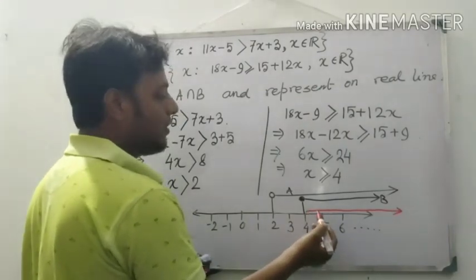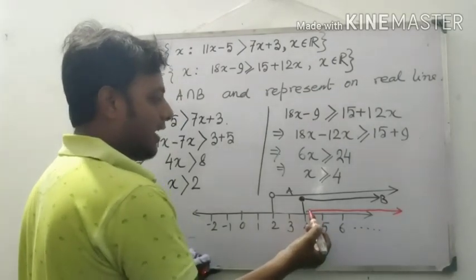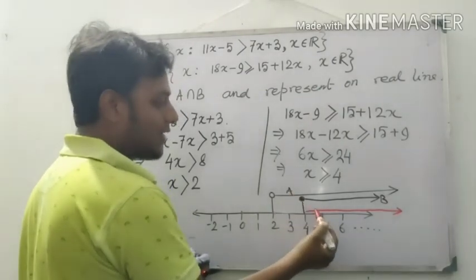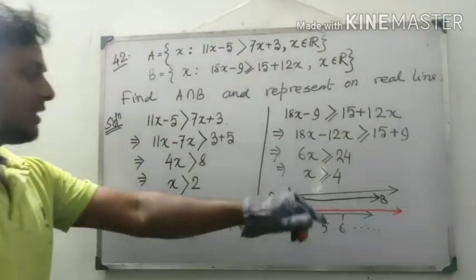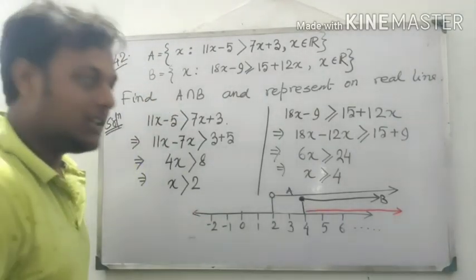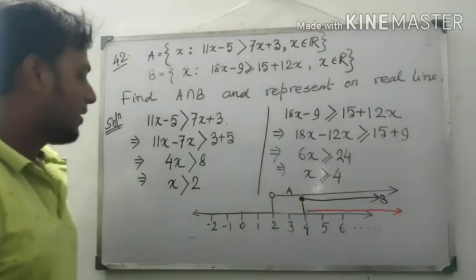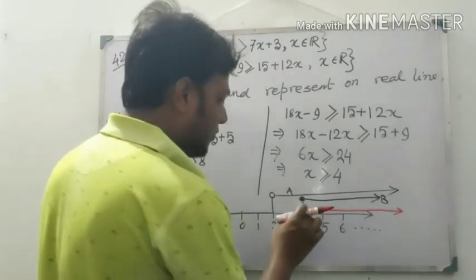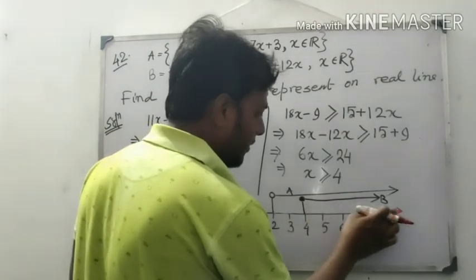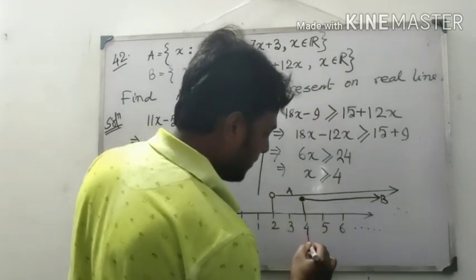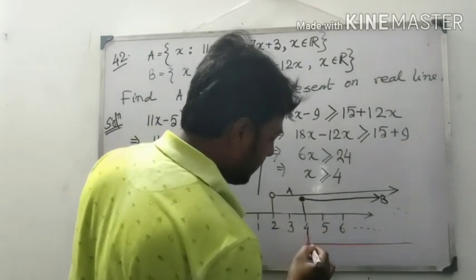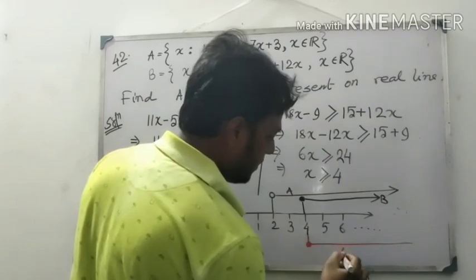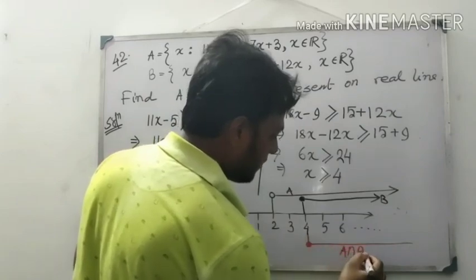The red marked zone exists in A as well as in B. So this zone will be A intersection B. I am marking this line downside. This is our A intersection B, including 4.